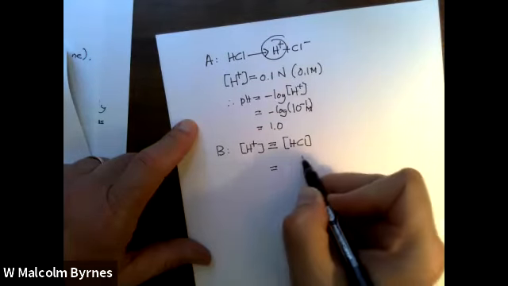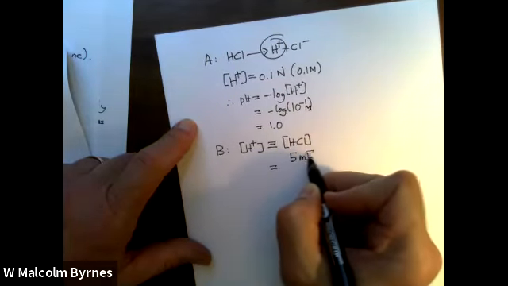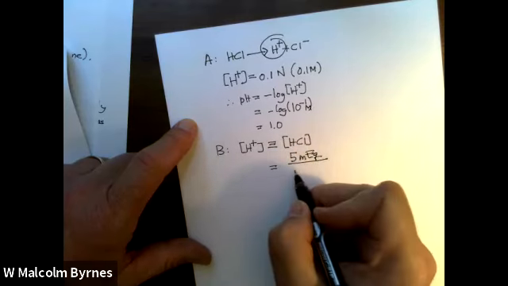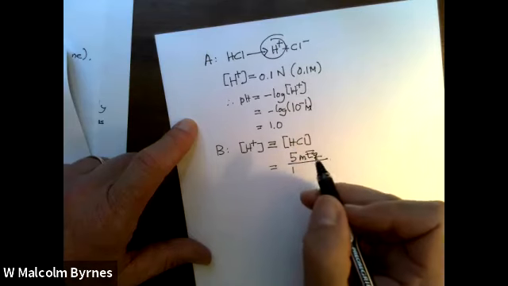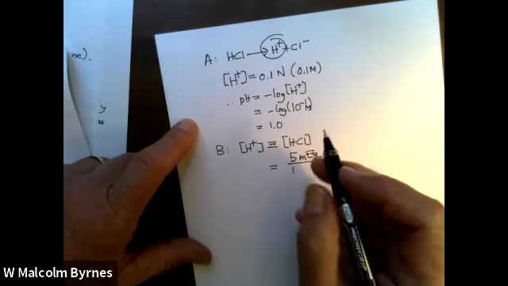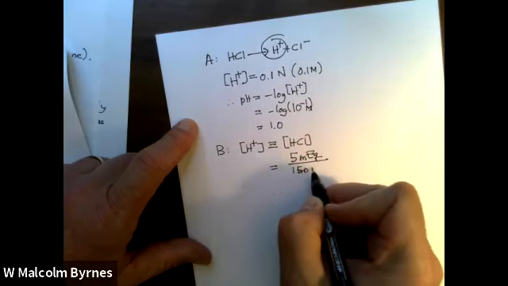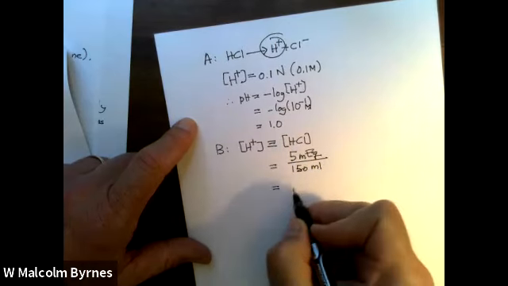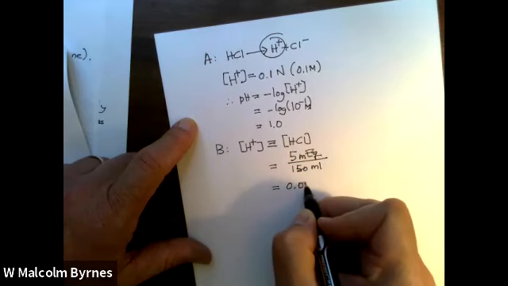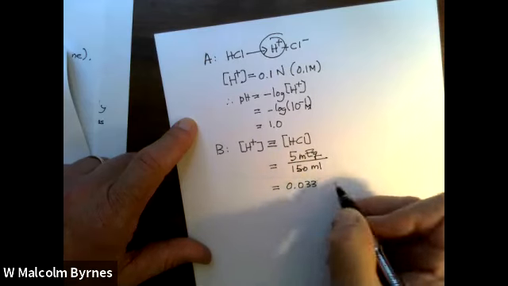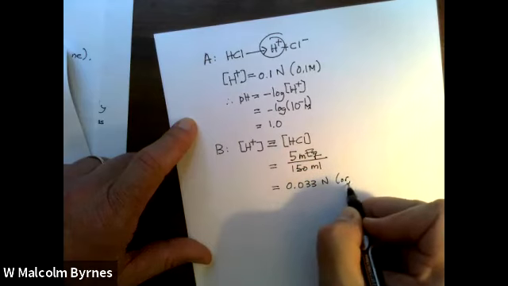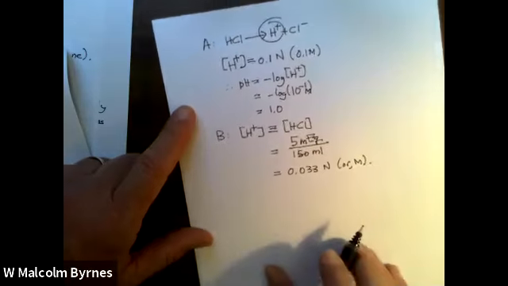So that's equal to 5 milliequivalents of H plus divided by now 100 plus the 50 we added of the sodium hydroxide solution. So it's 150 milliliters, which is just 0.033 normal, or you could consider it to be molar, same thing there.